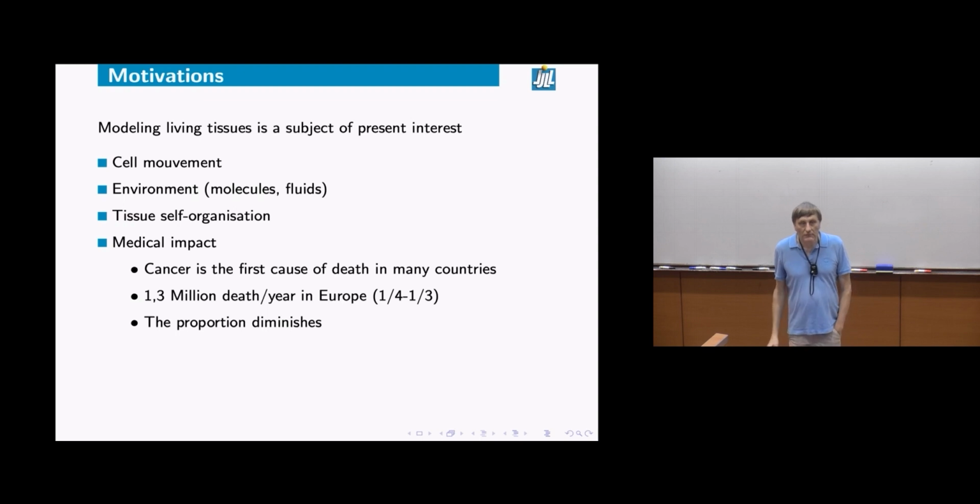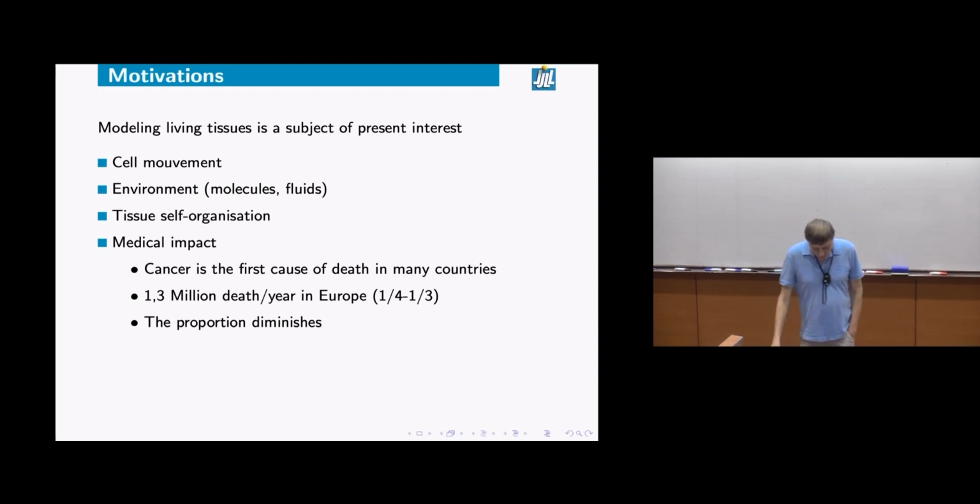They use the environment to grow, to divide, and this because of molecules and fluids which are around. And these cells have also the capacity of organizing themselves. And so tissues are also a question of self-organization in active matter.